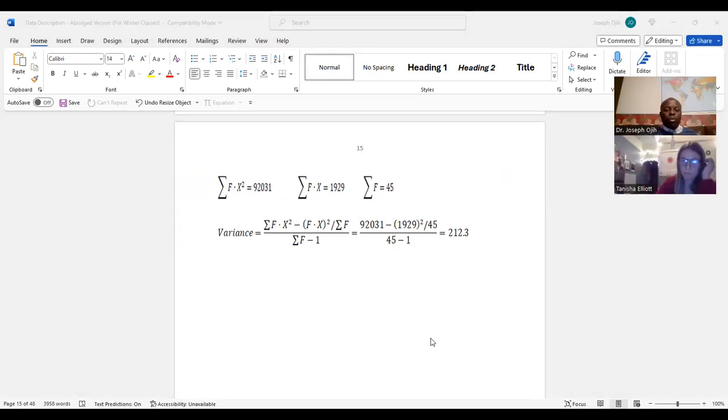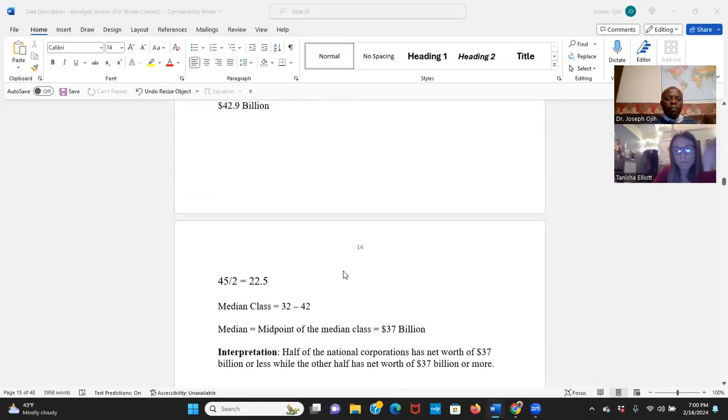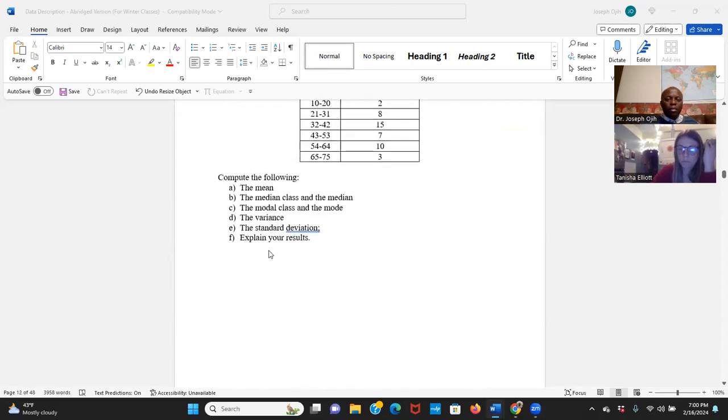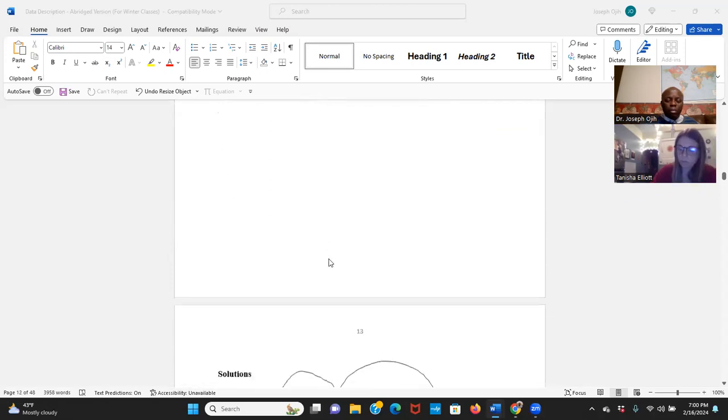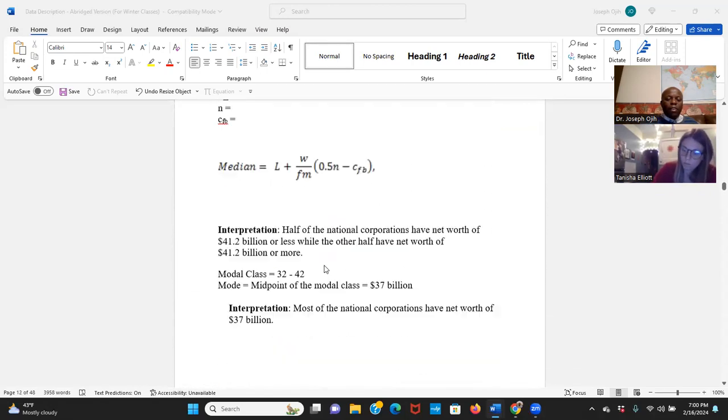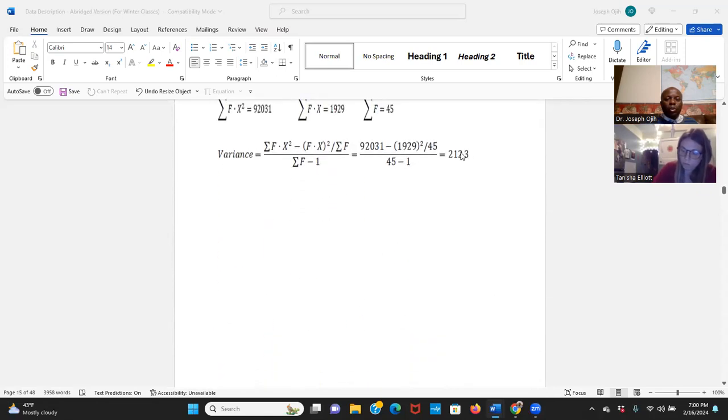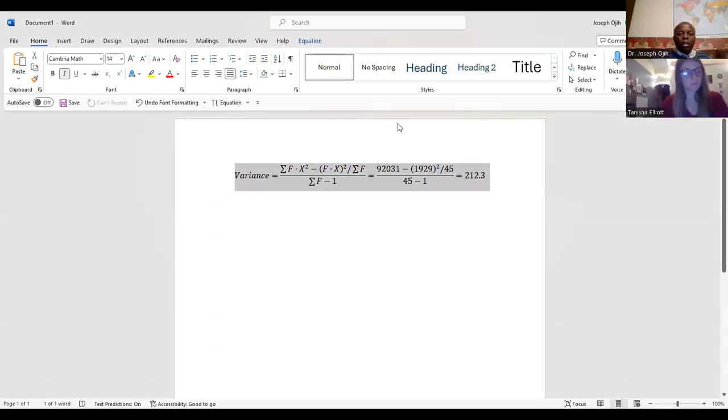Next, which is the last question, is to find the standard deviation. Our variance is 212.3. To find the standard deviation, we use the square root of the variance. That's what it is.